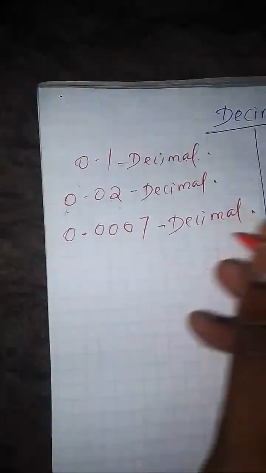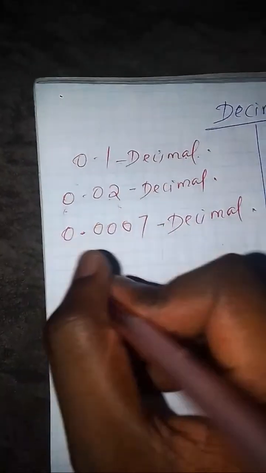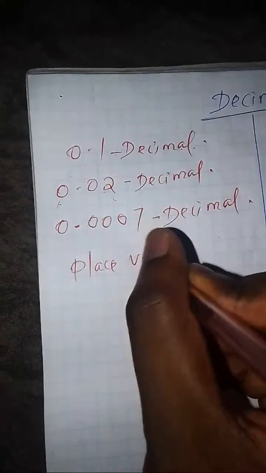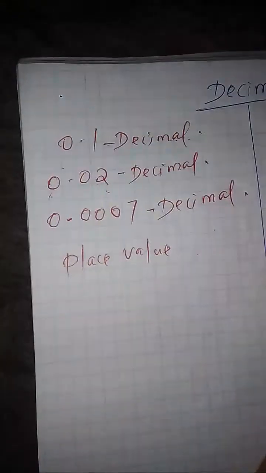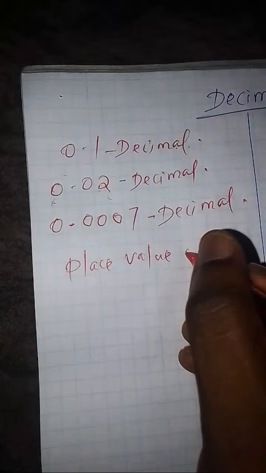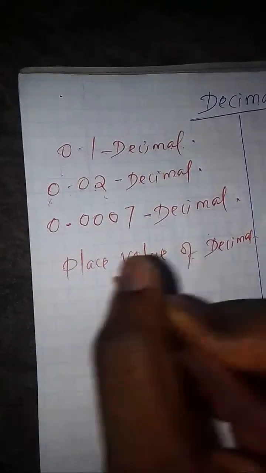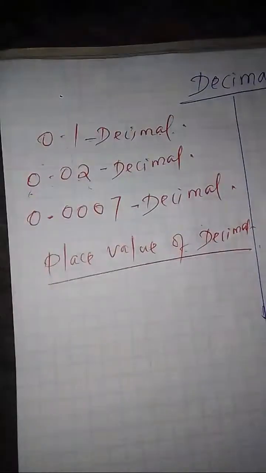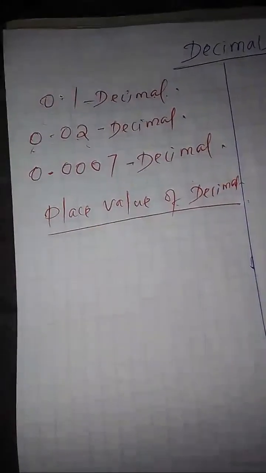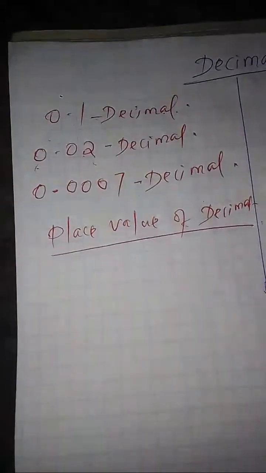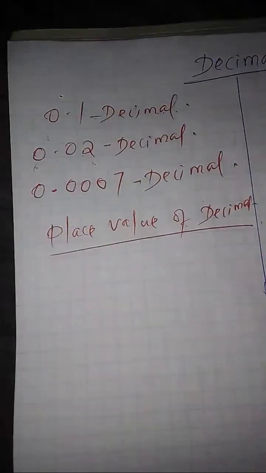So we have what is called the place value of decimal.